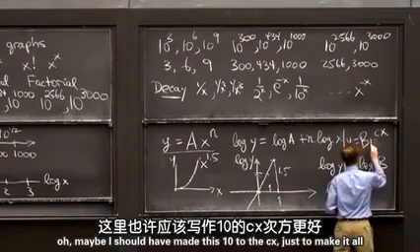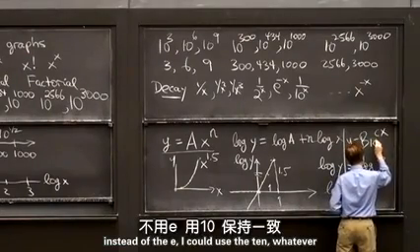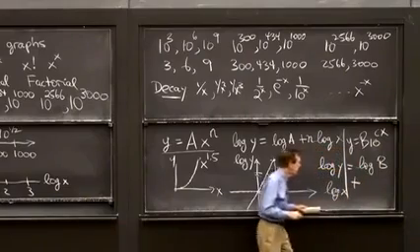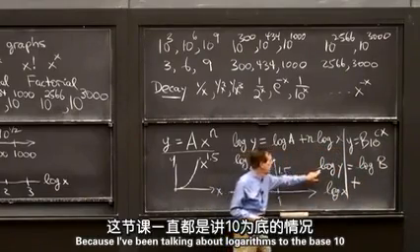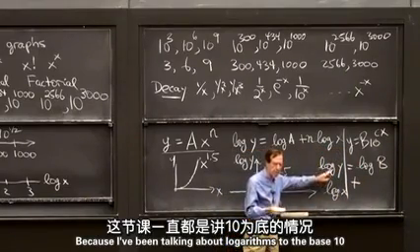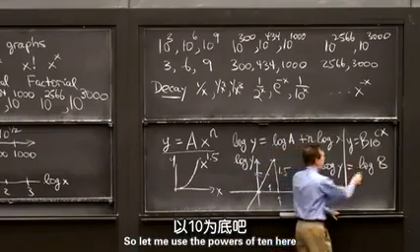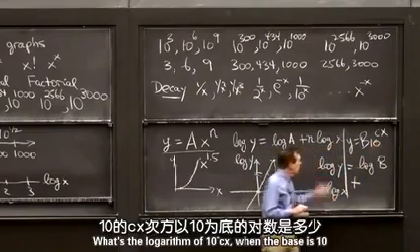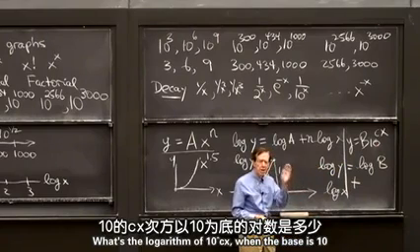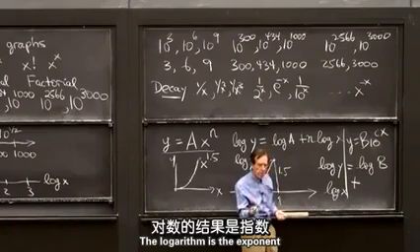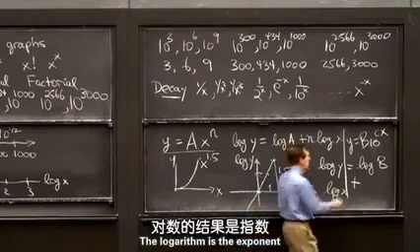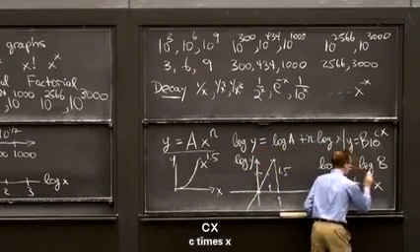Instead of the e, I could use the 10, because I've been talking about logarithms to the base 10, so let me use the powers of 10 here. What's the logarithm of 10 to the cx? When the base is 10, the logarithm is the exponent, c times x.